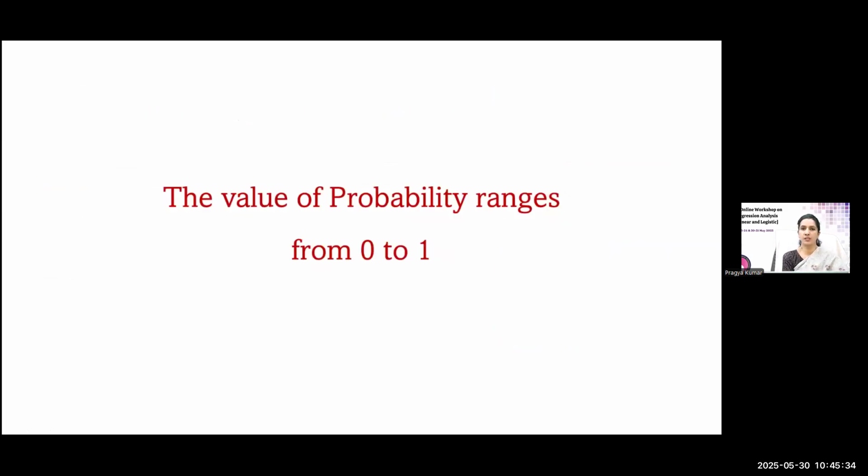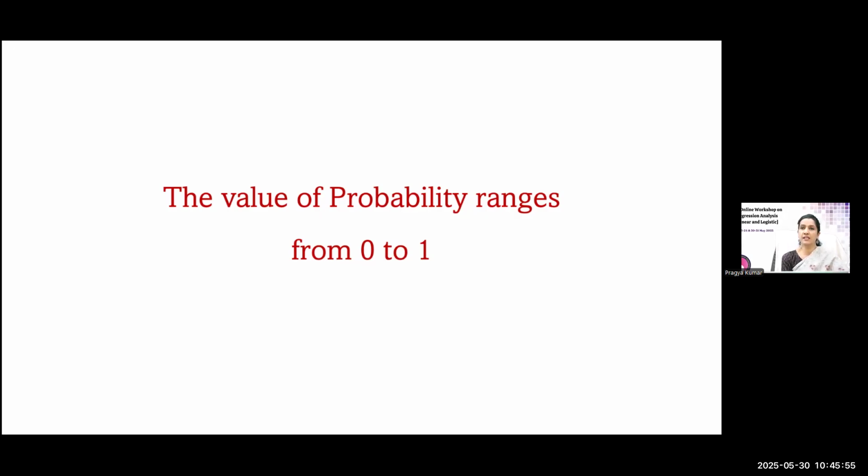But what is the problem? What is the characteristic of a probability? All of you know that probability ranges from 0 to 1. Do you agree? It will have a range of values. In the previous case, there were only two values, 0 and 1.